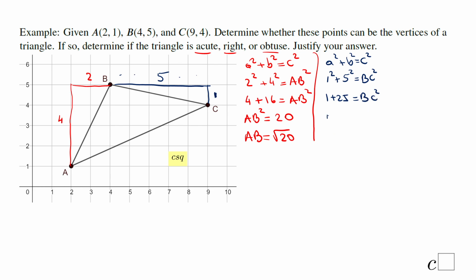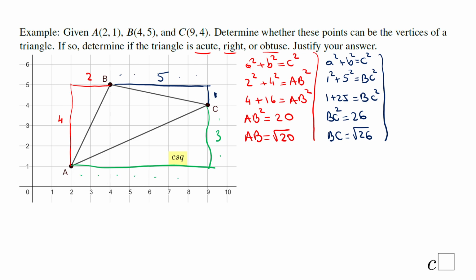So BC squared will be 26, and BC obviously will be square root of 26. And like I said, we can evaluate, and probably I'm going to do that also. So let's go now to the last one, which is obviously AC, which is this one. We have 1, 2, 3, and 1, 2, 3, 4, 5, 6, 7. So we have A squared plus B squared equals C squared.